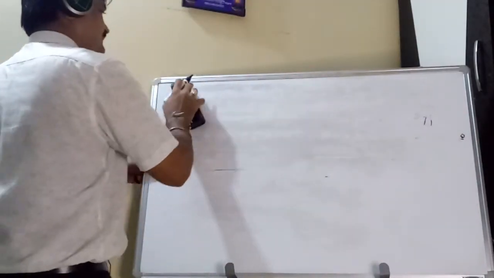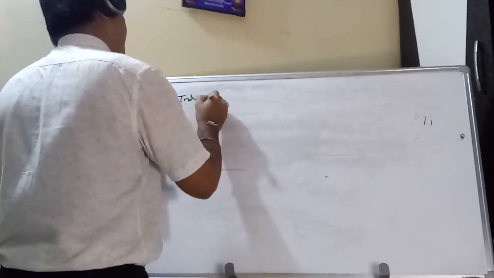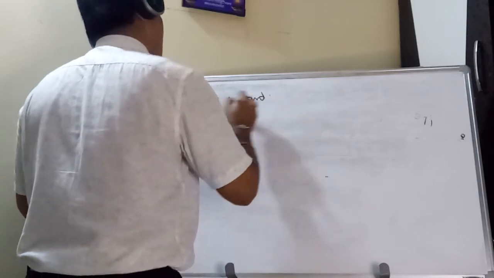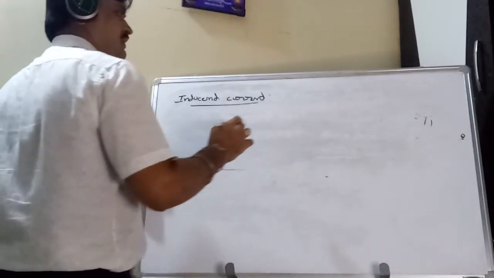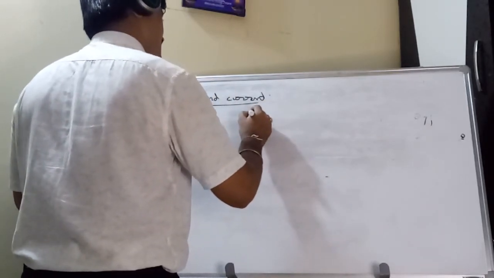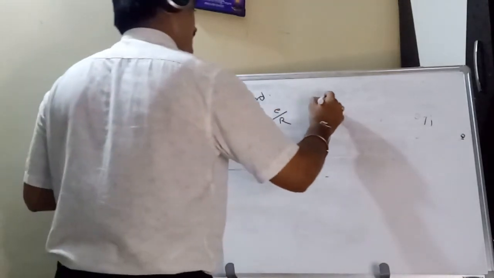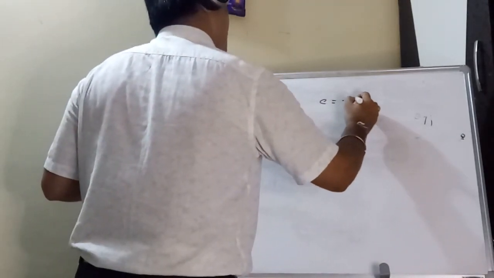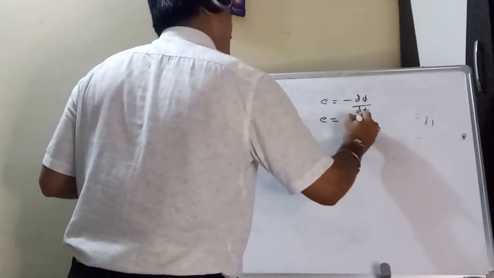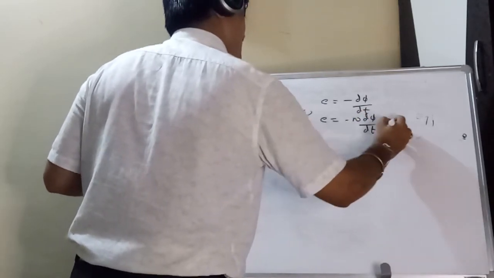Next, induced current. When the magnetic flux of the coil with resistance R changes from phi 1 to phi 2, the induced current is I equal to E by R, the first equation. And E is equal to minus n into d phi by dt, the second equation.